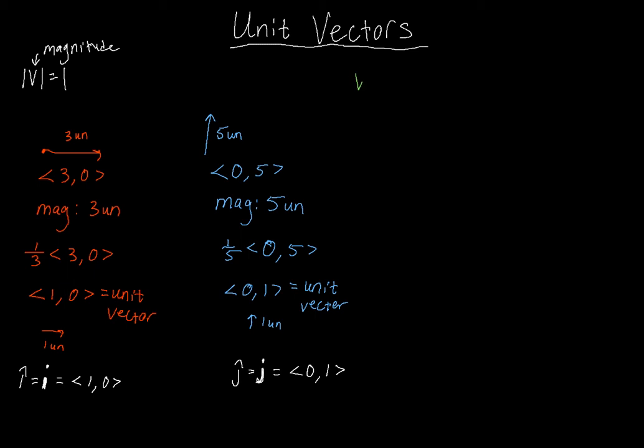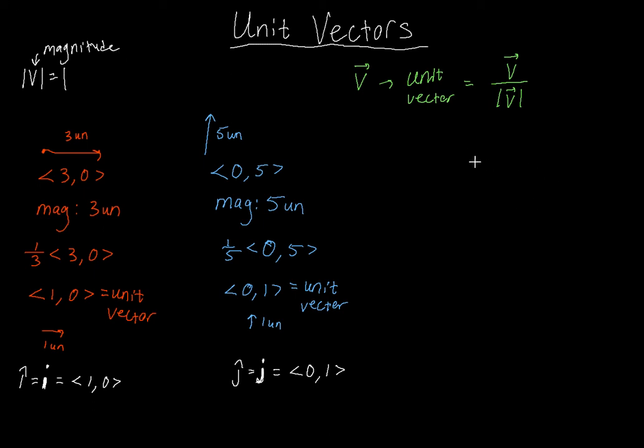If we're given some vector v, let's put an arrow above it to show that this is a vector, then we can make it into a unit vector by taking our vector v and dividing it by the magnitude of v. This is the official formula to figure out a unit vector. You take the vector and you divide it by its magnitude.